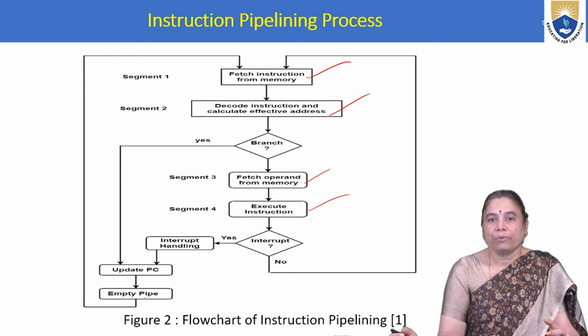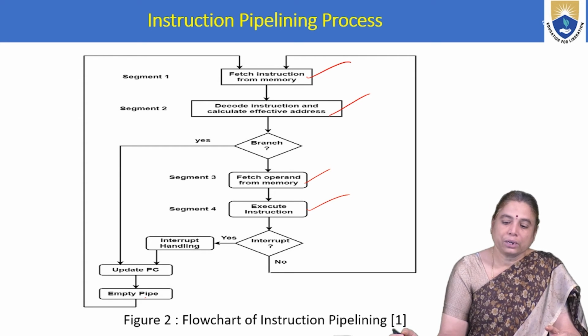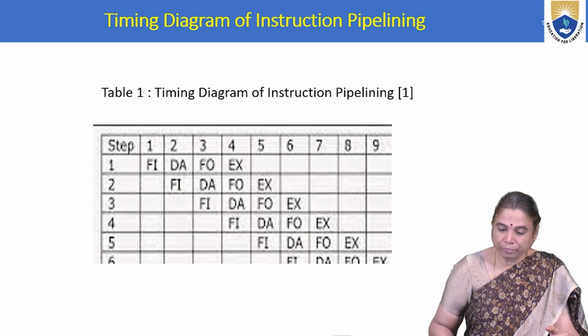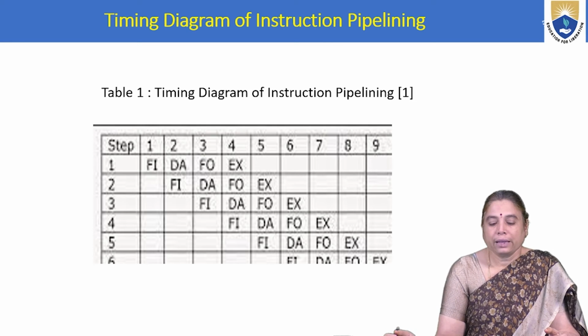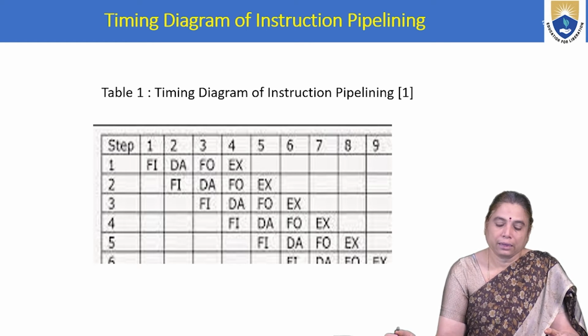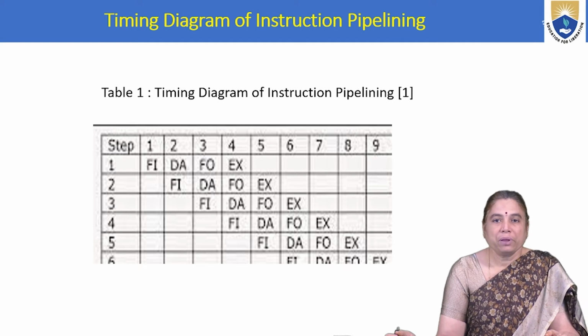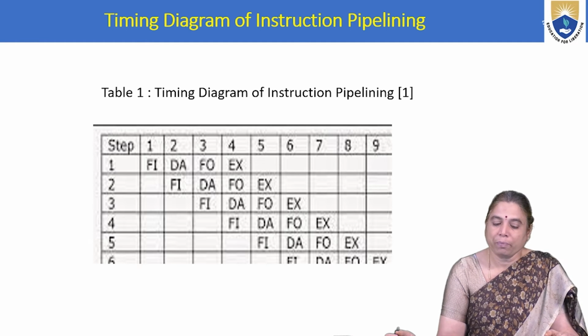This is the flow of operation of the instruction pipelining process. And the overlap execution of the steps can be illustrated with the timing diagram. So at each clock pulse, what segment operations can be carried out is pictorially represented with the timing diagram of the instruction pipeline.